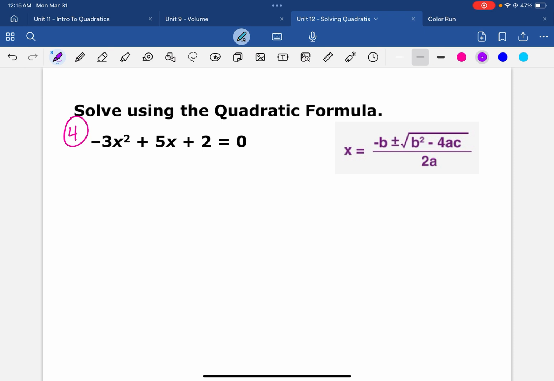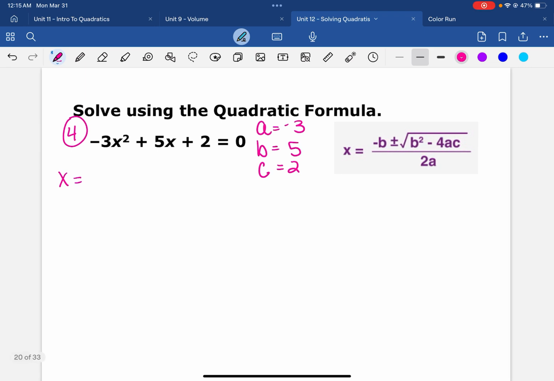All right, let's identify our A, B, and C. So I identified A as -3, B as a +5, and C is equal to a +2. All right, now we're just going to substitute in for the quadratic formula.